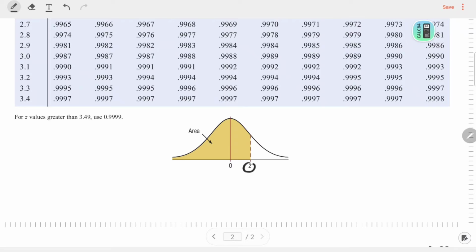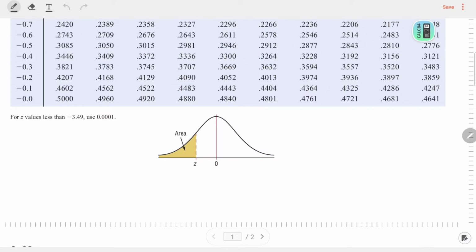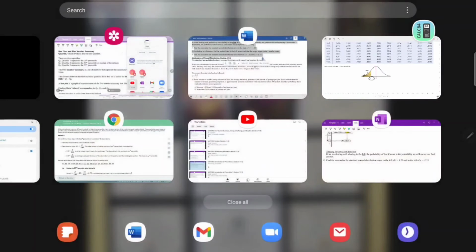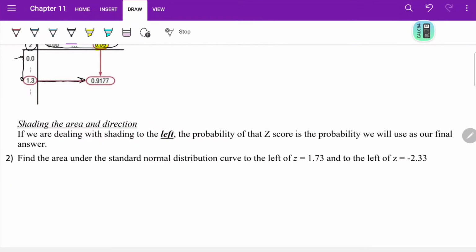Here is your z-score. The area is shaded to the left. Go to the first page. At the bottom, it's a smaller section, but still the area is shaded to the left of z. So when we're dealing with left shading, whatever we get as the answer based on the z-score is going to be our final answer.